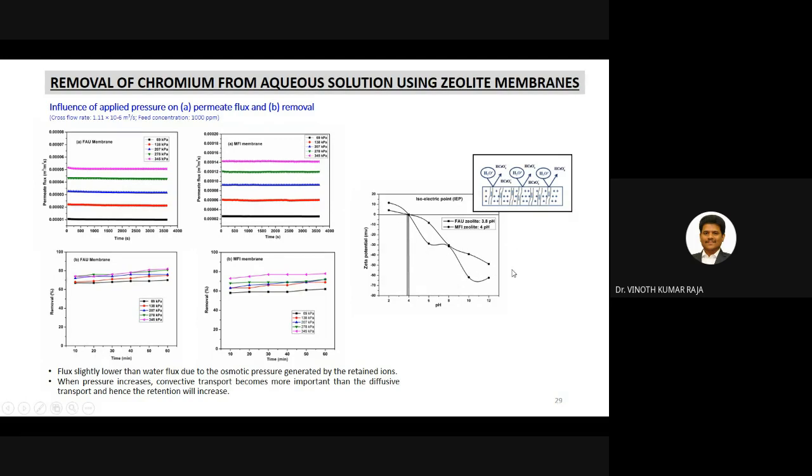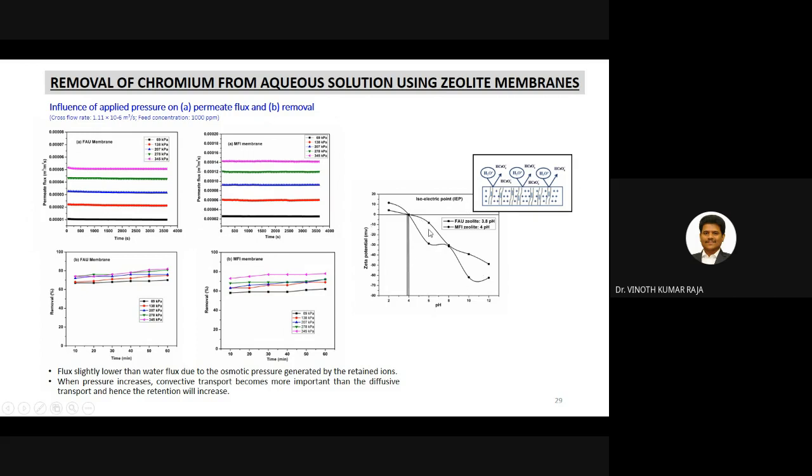The isoelectric point of both the zeolites is found to be around 4. For example, for FAU zeolite it is pH 3.8 and for MFI zeolite it is pH 4. Both are in good agreement with the isoelectric point values already reported. So we have measured the isoelectric point.